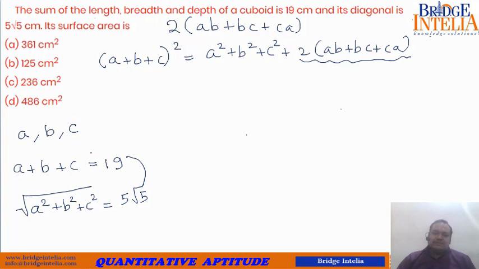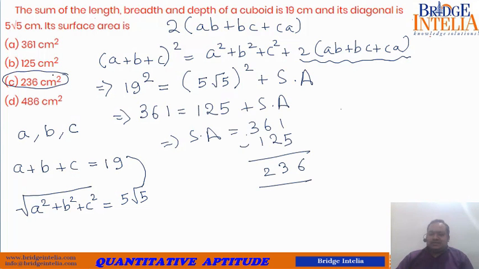A plus B plus C is given to be equal to 19. So from here I can infer that 19 square is equal to A square plus B square plus C square plus twice the surface-area term. A square plus B square plus C square will be equal to 5 root 5 whole square. So 5 root 5 whole square plus the surface area that I am trying to find.